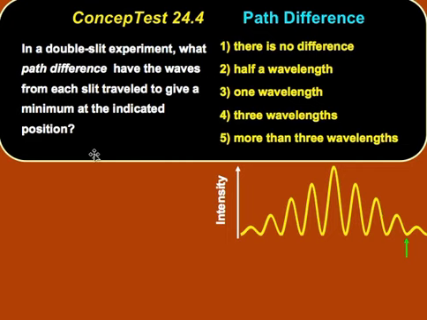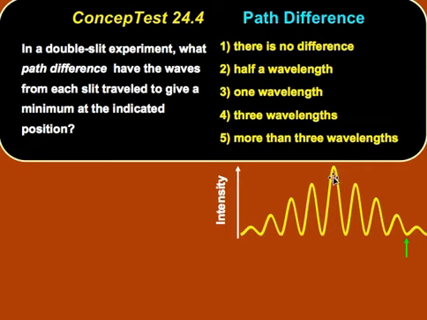Okay, next one. In a double slit experiment, what path difference have the waves from each slit traveled to give a minimum at the indicated position? There's the indicated position where the little green arrow is. Again, think about the equation. A bright spot occurs whenever the path difference is equal to a whole number of wavelengths.